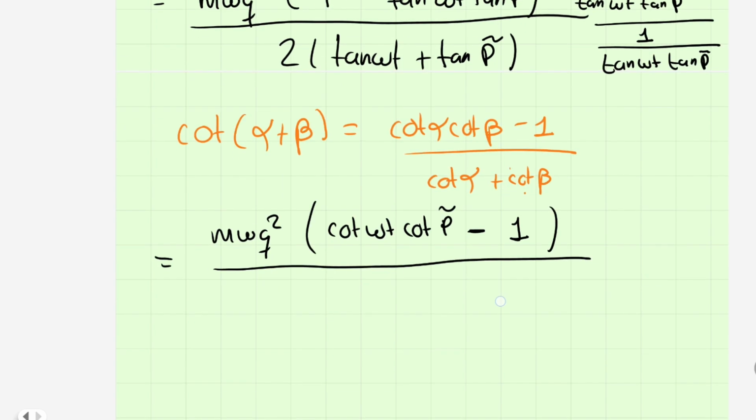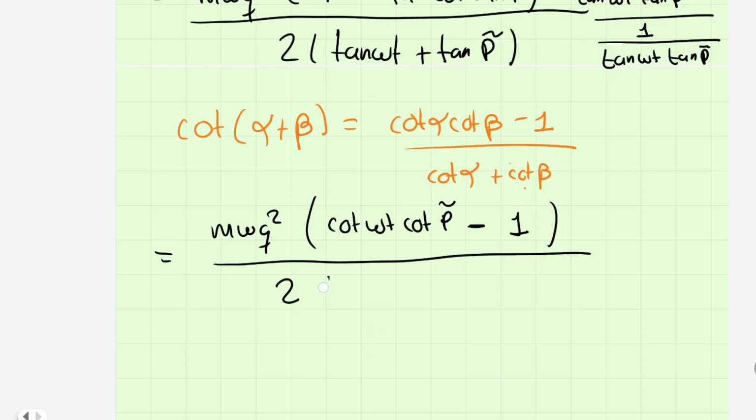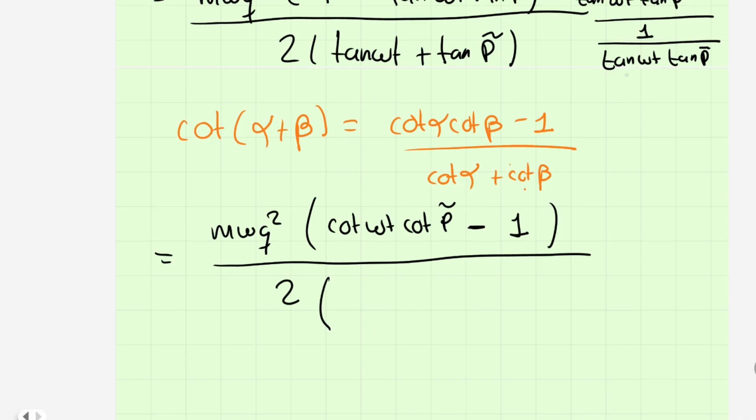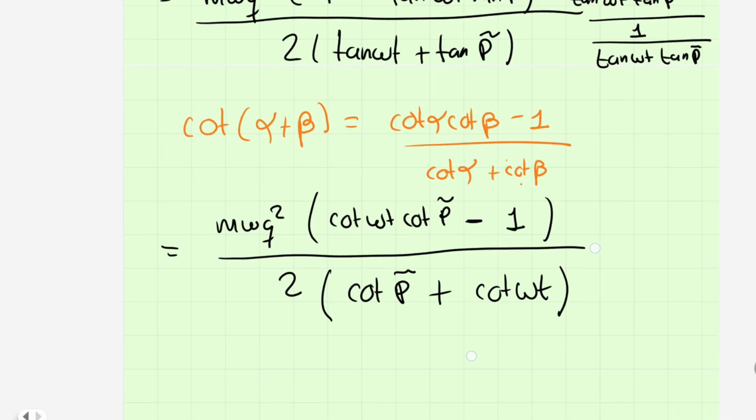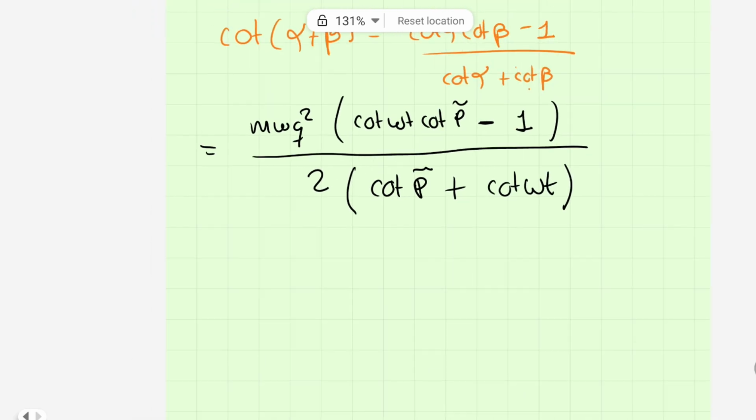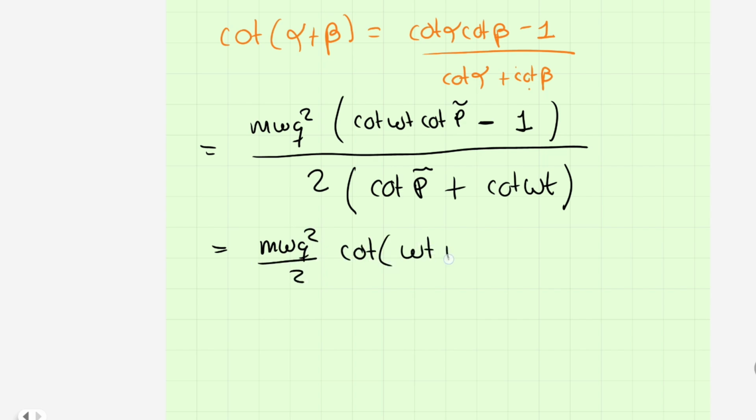So here in the denominator we will get 2 times tangent omega t divided by tangent omega t will be cancelled, and then 1 divided by tangent of p tilde is going to be cotangent of p tilde, and then plus, the same thing will happen here. We are going to get cotangent of omega t. Okay, perfect. So here's where we use the trigonometric identity to get m omega q squared divided by 2 cotangent of omega t plus p tilde.